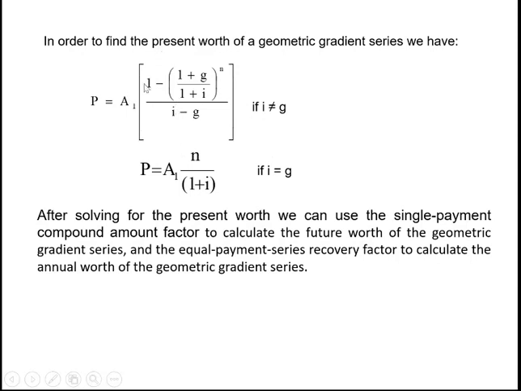In this factor, g is the percentage rate that the cash flows increase or decrease, small i is the interest rate, and n is the number of periods.